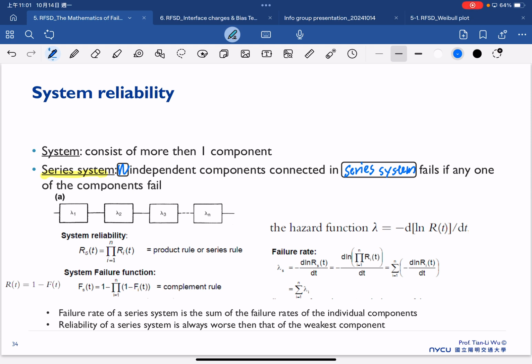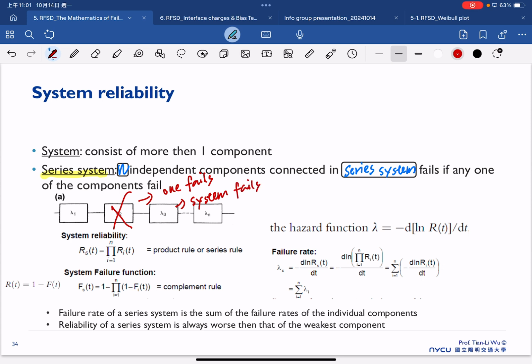So that means if you consider this as a system, if any one fails, for sure the whole system fails.